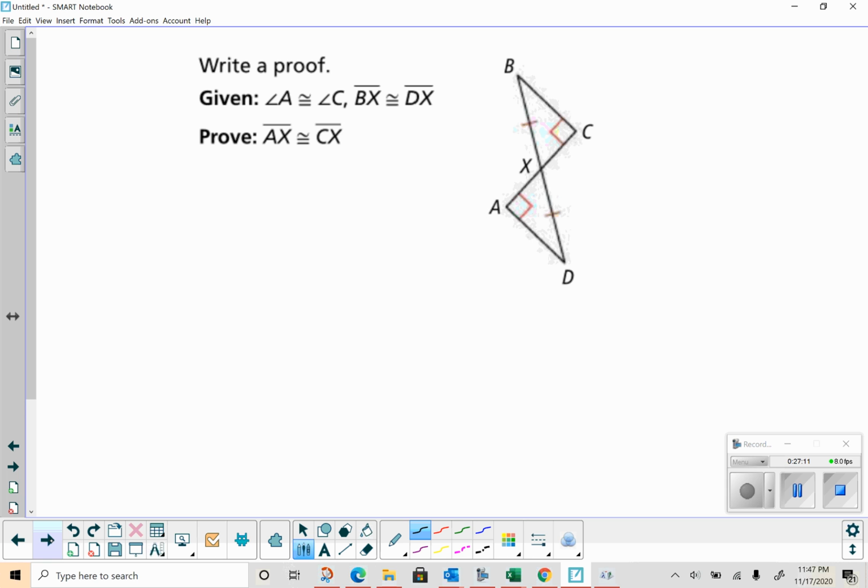All right, let's wrap this up and do one more proof. Get some confidence going here. How about a paragraph proof this time?